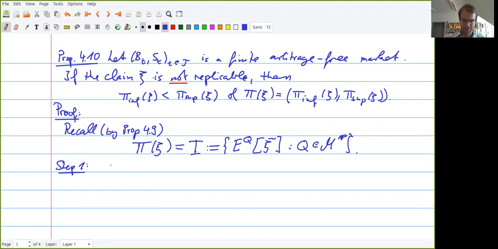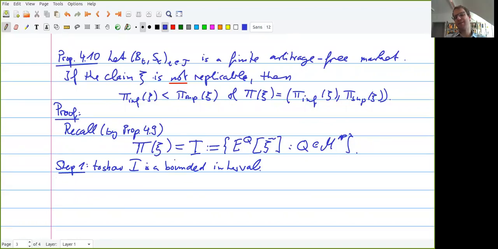First thing to show: I is a bounded interval. Okay, let's start with this.